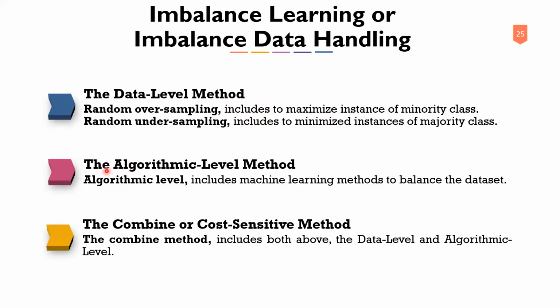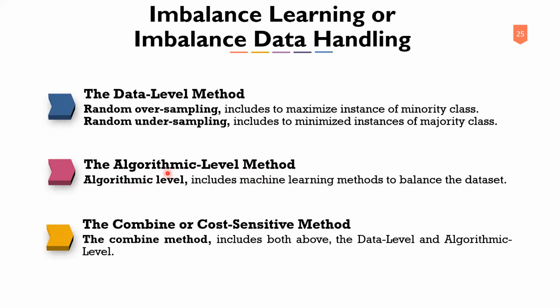What about the algorithmic level method? It is a method which involves some algorithms. Say we have a random forest algorithm, and a slight modification is done in that algorithm. That method would be responsible for two things: it would balance the dataset and classify the dataset as well.